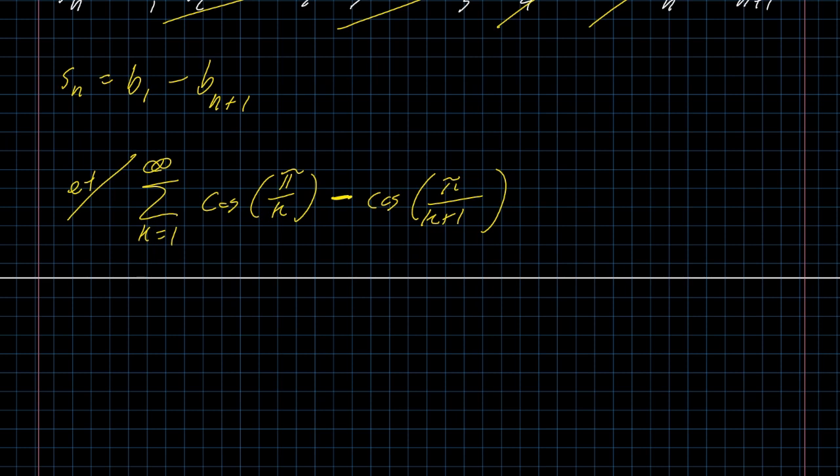So I know that Sn, if I choose an arbitrary point here, I'm going to have cosine of pi minus cosine of pi over n plus 1.